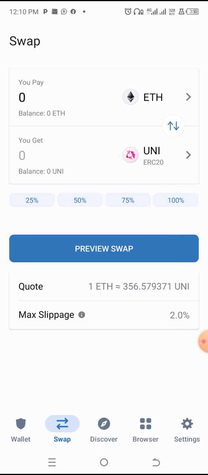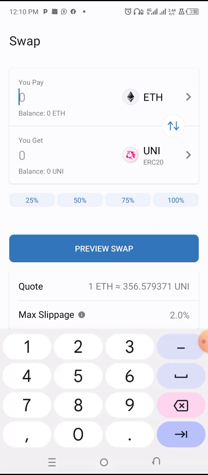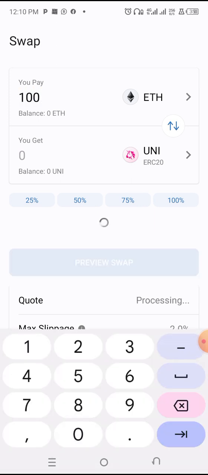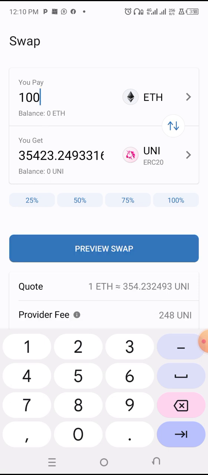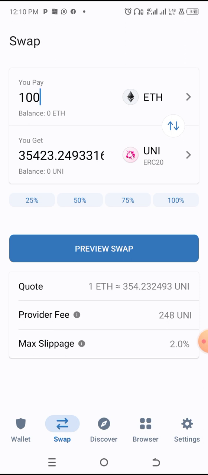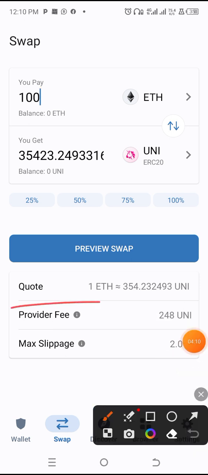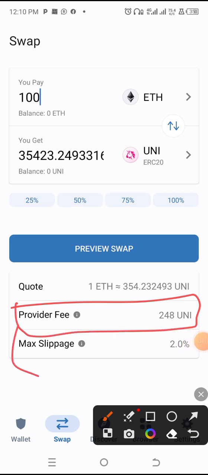What about gas fee? You understand? So if you want to go ahead and do swap, you do this and click the swap button. Of course, you're gonna pay a lot of fee. This is the gas fee here, and then this is the slippage fee.